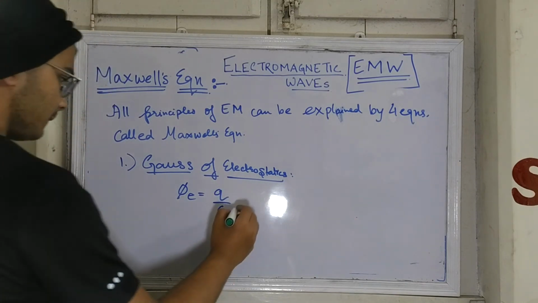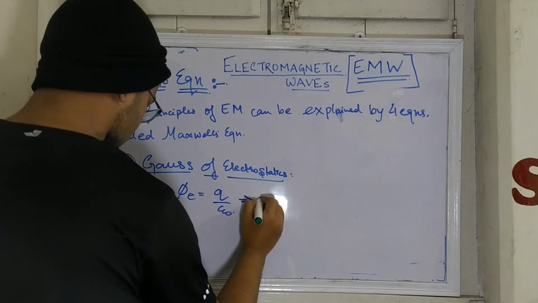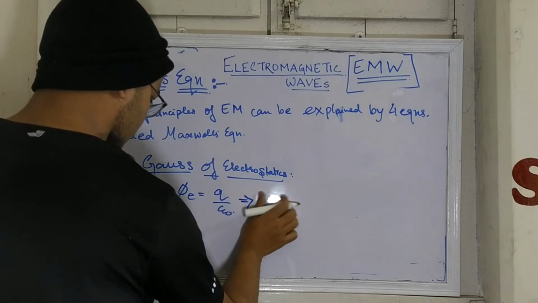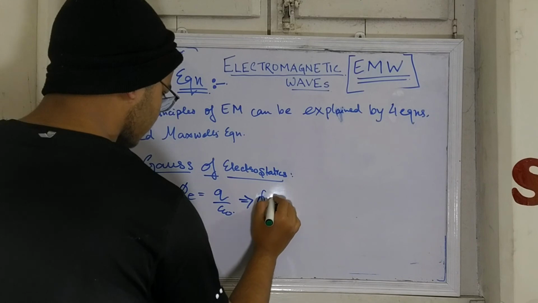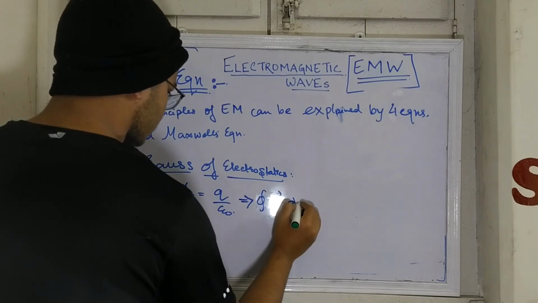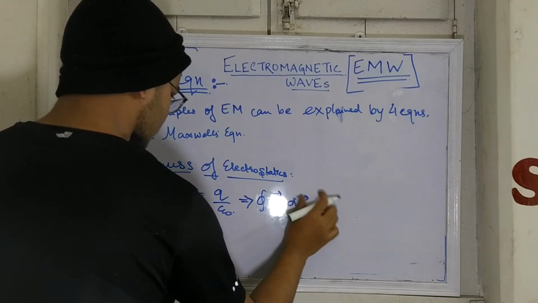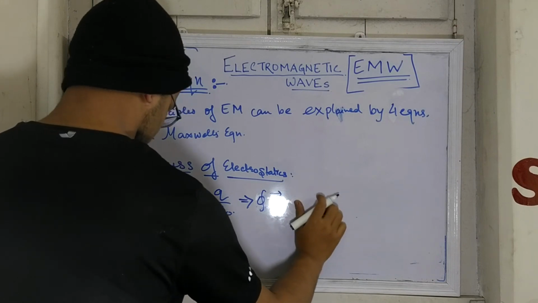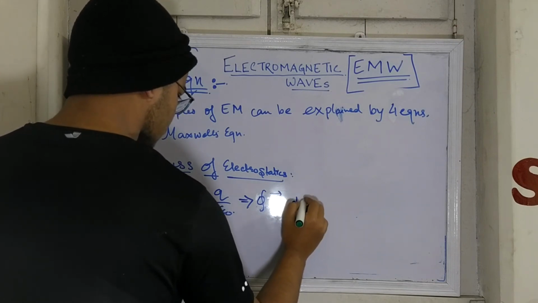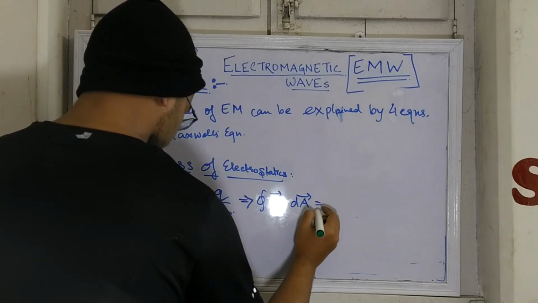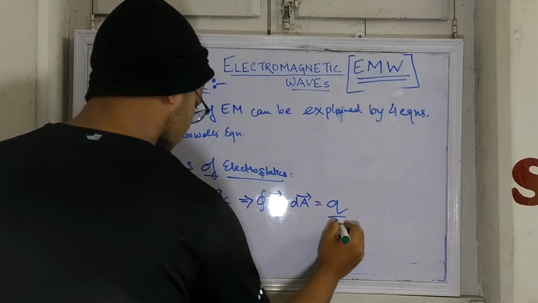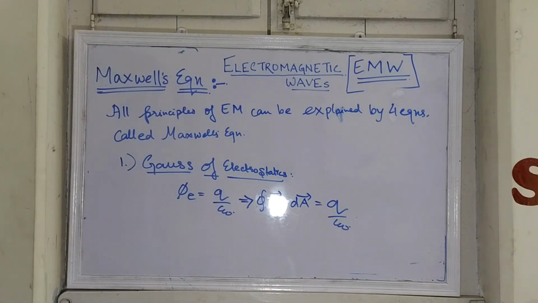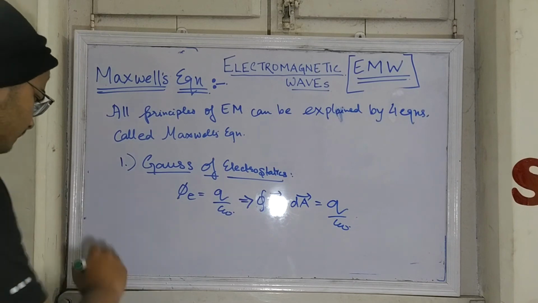So we can say that the surface integral of E vector dot dA vector equals Q by epsilon 0. Gauss law of electrostatics. Okay.